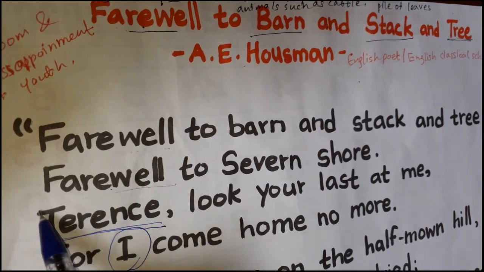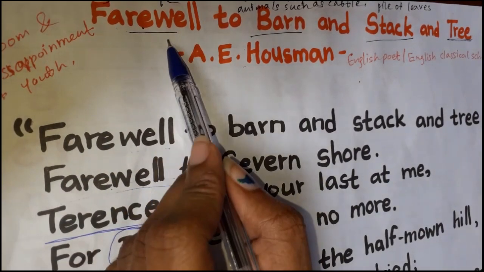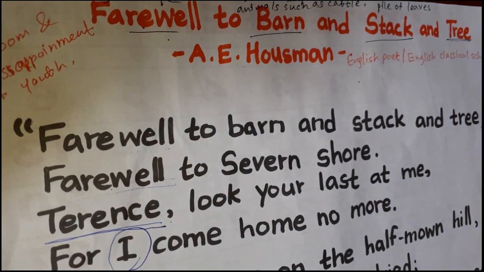You can see the repetition of the word farewell even in the title. So he bids farewell to the farm, the rural setting and the agricultural background where he was born and grown up. Now he is a young man. That is the incident.